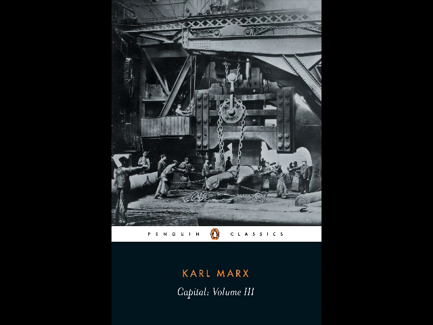Let us finally assume that the value component of the commodity product that is formed in each sphere of production by adding a new quantum of labor, i.e. a newly produced value, to the value of the means of production, breaks down always in the same proportions into wages, profit, and rent, so that the wages actually paid, the profit actually realized, and the actual rent always coincide directly with the value of the labor power, with the portion of the total surplus value accruing to each independently functioning portion of the total capital by virtue of the average rate of profit, and with the limits to which ground rent is normally confined on this basis.